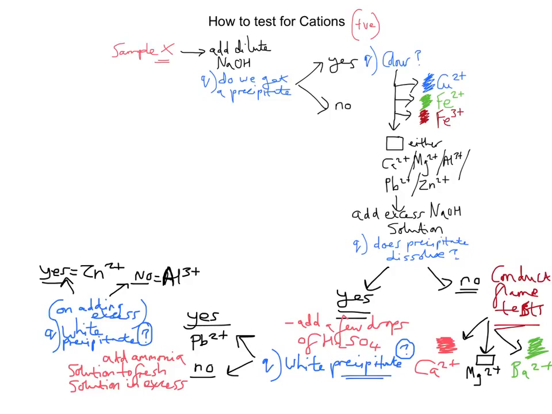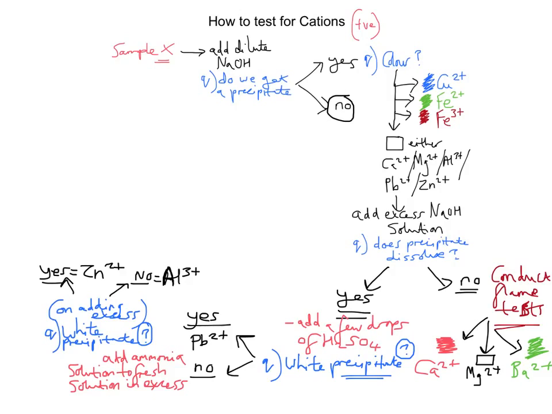Now what we need to do is come back to the very beginning where I said, if we add dilute NaOH, do we get a precipitate? And this time I'm going to follow the no path. Because before I had yes, and we've identified a whole range of different ions, but now we're going to look at no. So if we didn't form a precipitate, then we could get ones like sodium, potassium, NH4+.